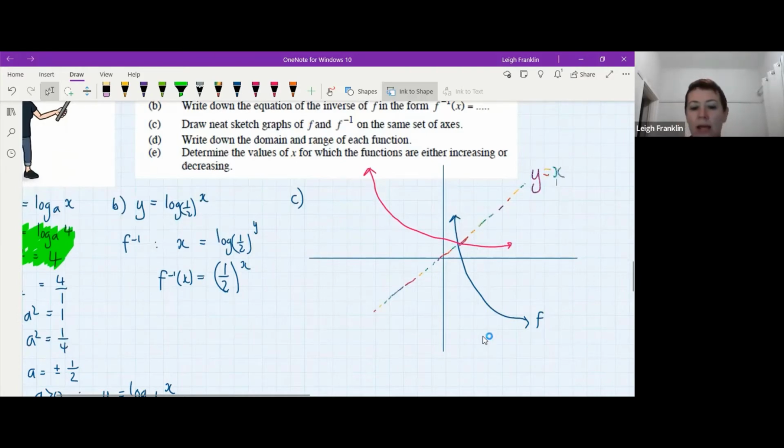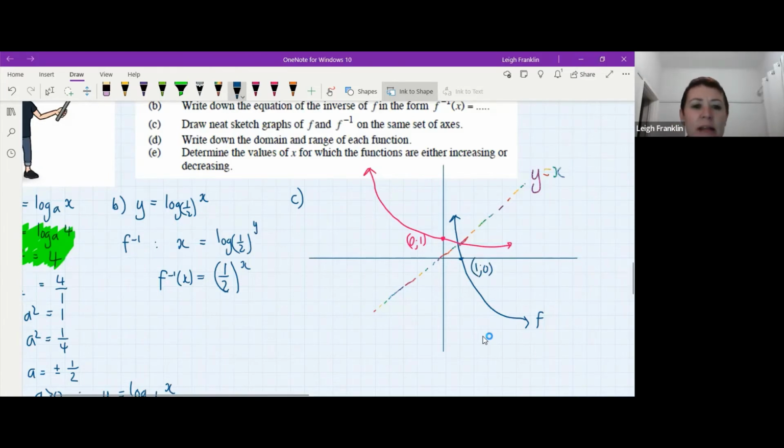Here the coordinates would be 0 and 1, and when this is reflected over the line y equals x, this would be 1 and 0.